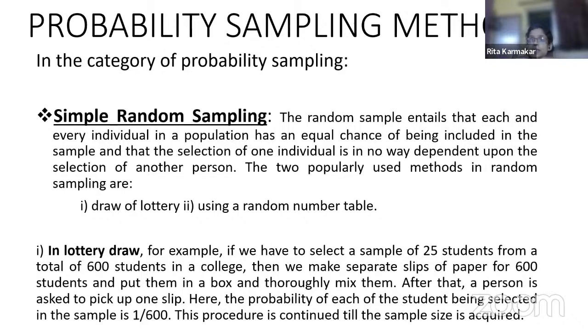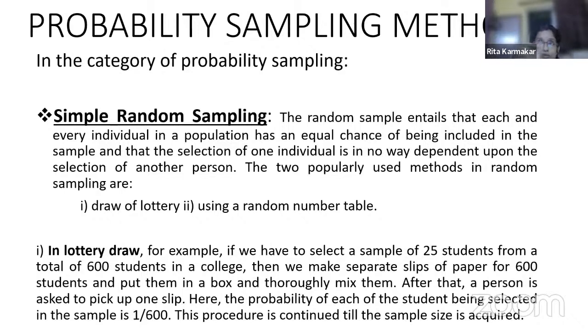Suppose you have 6 students over here. If I need to select 2 students out of 6, I'm simply writing 6 of your names. This is one method of doing simple random sampling.